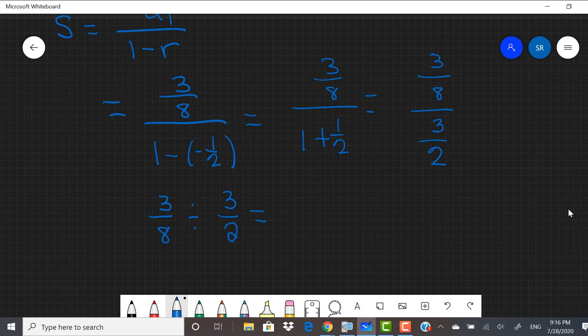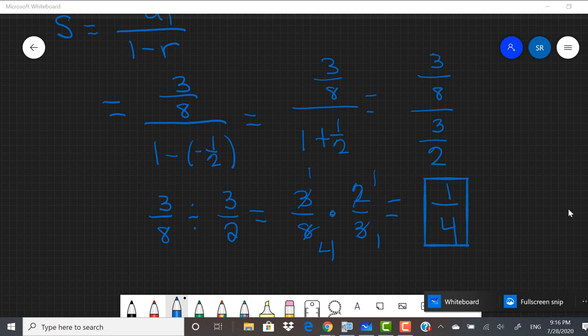Again, we'll keep the first one, change to multiplication, and find the reciprocal. And look at that, everything crosses out all nice. And this turns into a 4. So this is just 1 over 4.